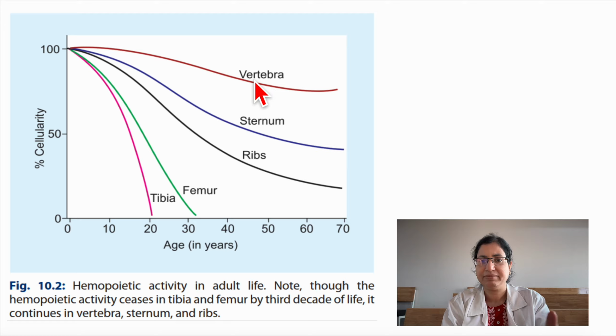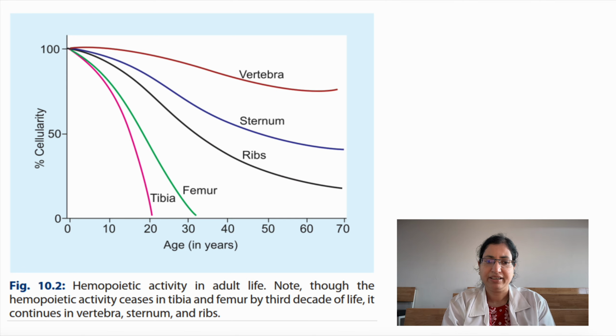Which are the sites of blood formation? Vertebrae, sternum and ribs. After the age of 30 years, blood formation occurs mainly in the vertebrae, sternum and ribs. Before 30 years of age, the long bones, femur and tibia, are the main site of blood formation.